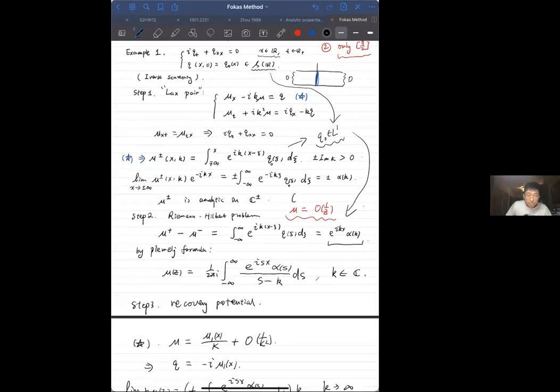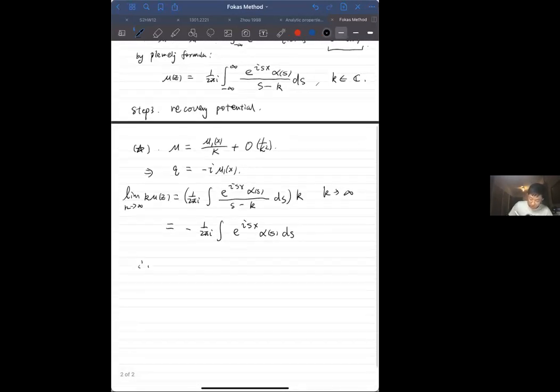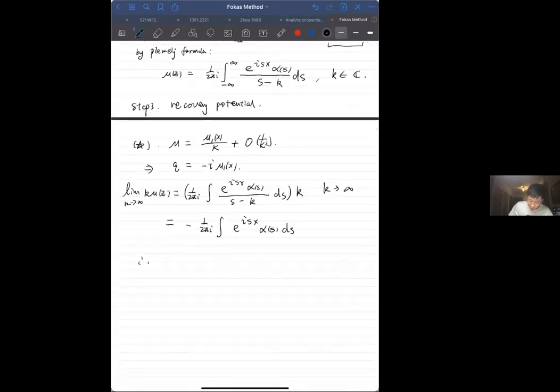Okay. You can apply the Riemann-Lebesgue lemma, or integrate by parts if you are in Schwarz space. So combining these two, what do we get?